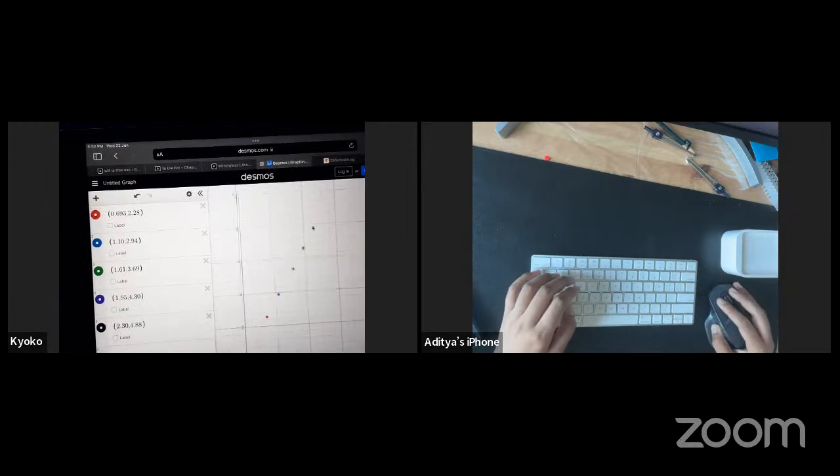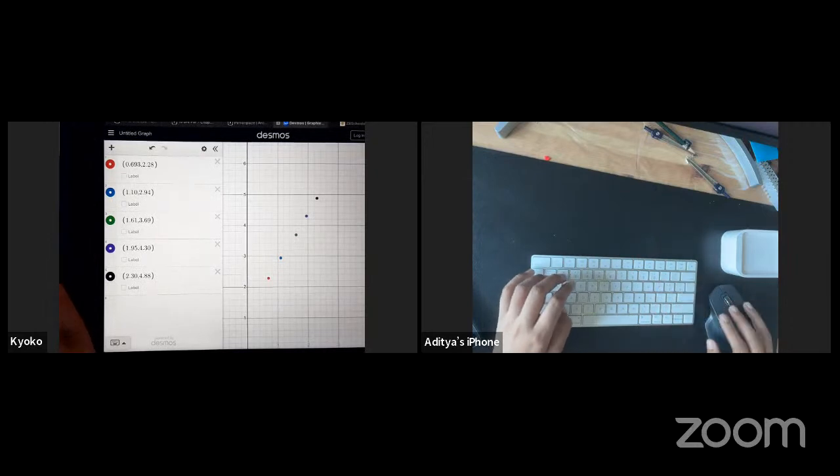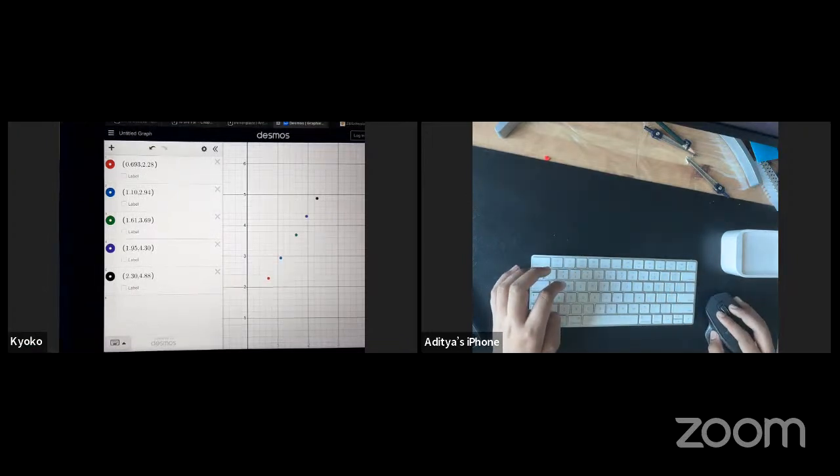All right. Okay. Yes, I'm seeing your new points, Kyoko. They look more like a straight line, yeah? Okay, very good. And Aditya, just waiting for your 5 points, yeah?